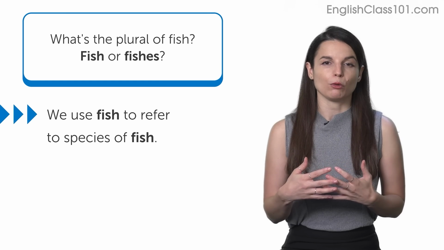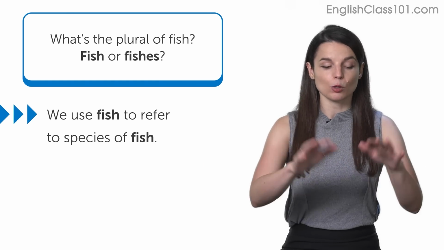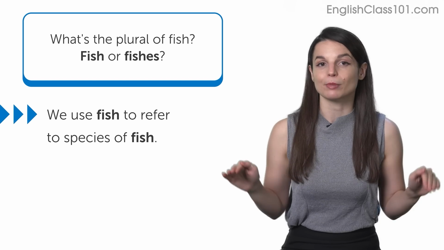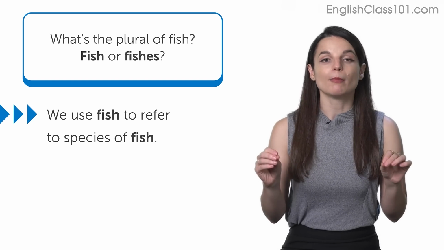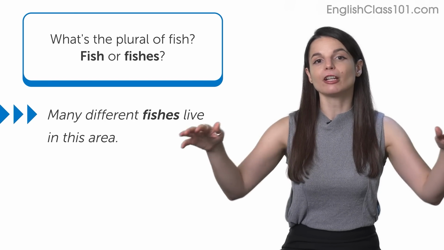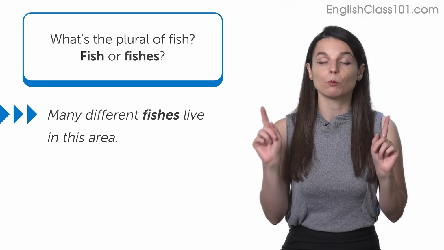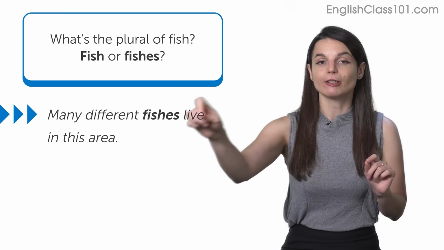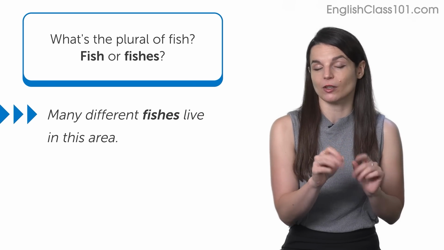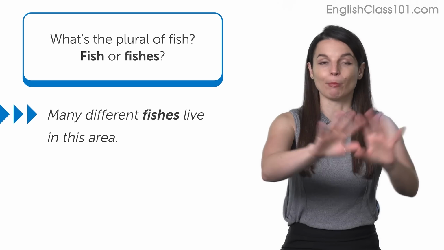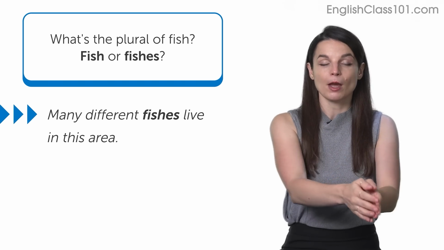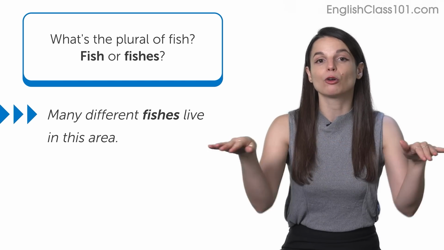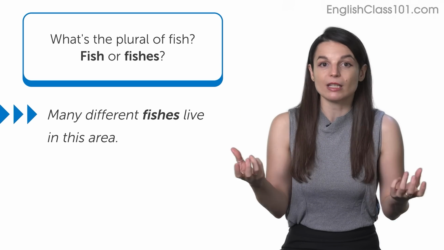For example, if you are doing research, maybe on the ocean, and you want to talk about many different types of fish you find. You might say, for example, many different fishes live in this area, which refers to many different species of fish. So that means not just one fish, not just a bunch of different fish of the same type, but many different category, perhaps, or many different species of fish.